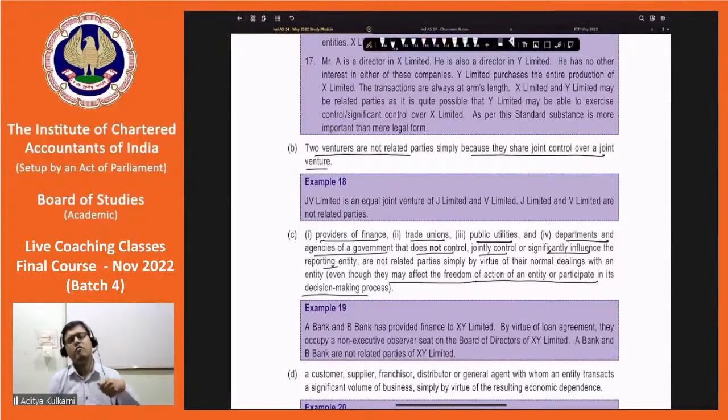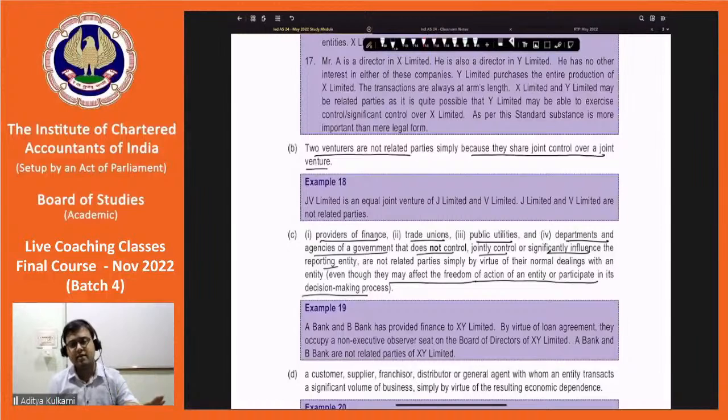What does it mean? You have taken a loan. The loan taken from a bank is almost equal to your net worth. That means the bank's position is slightly difficult. And therefore, the bank will say, we will appoint a nominee director on your board of directors. The nominee director will only ensure that the bank's interest is protected.